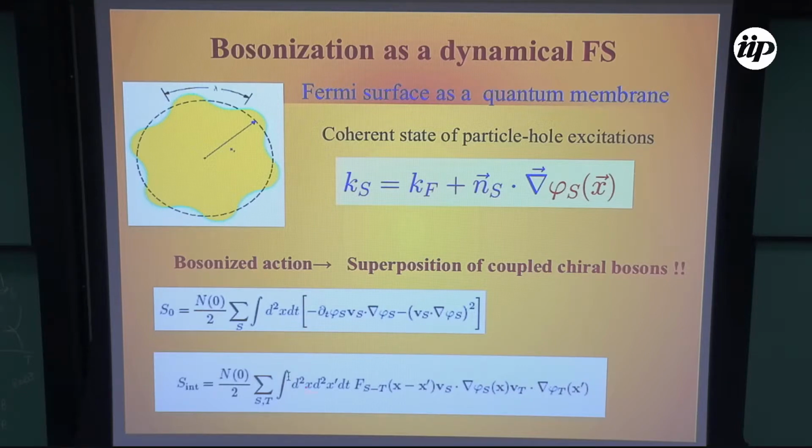But here you can approach the critical point, and this is what we do.